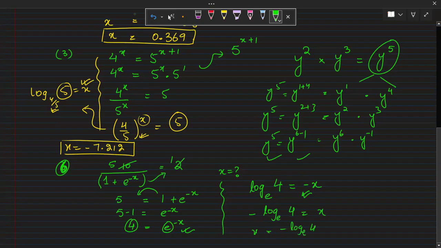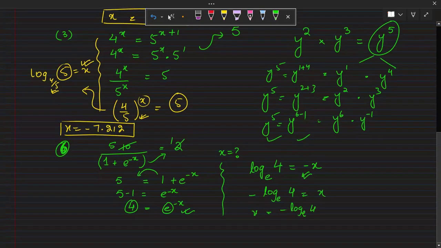Are we getting any answer? Let me check, sir. So how do I put e in log? There must be a button of alpha in your calculator.